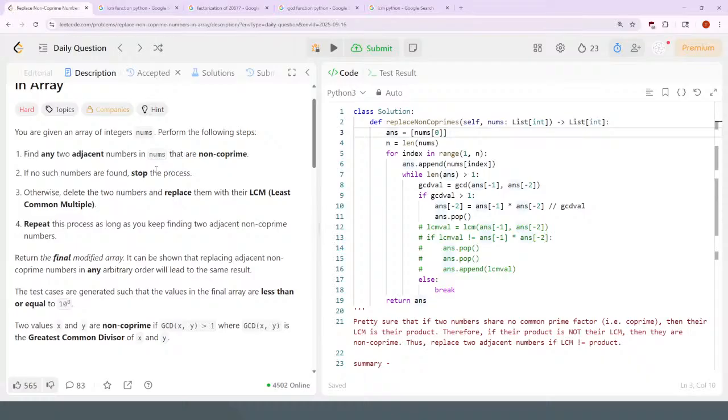Combine the last two elements of the stack. And then somehow you remember things. GCD value.